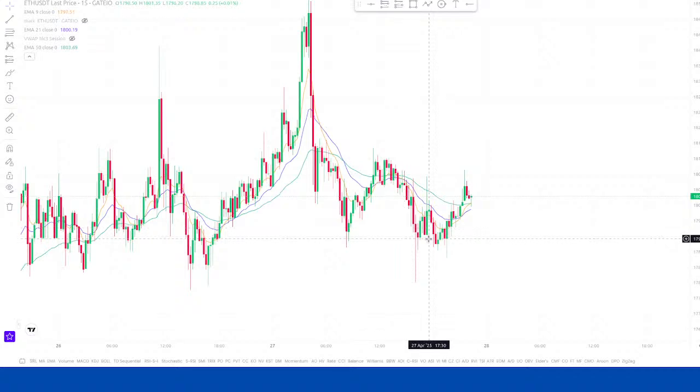What normally happens in this case: exponential 9, which is brown, sorry, this color sometimes confuses me. We have used brown. In case it crosses exponential moving average 21 from downwards, that simply indicates a buy signal.